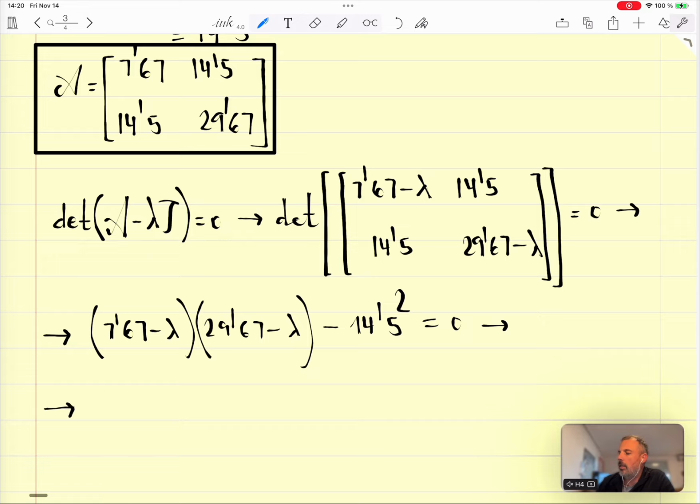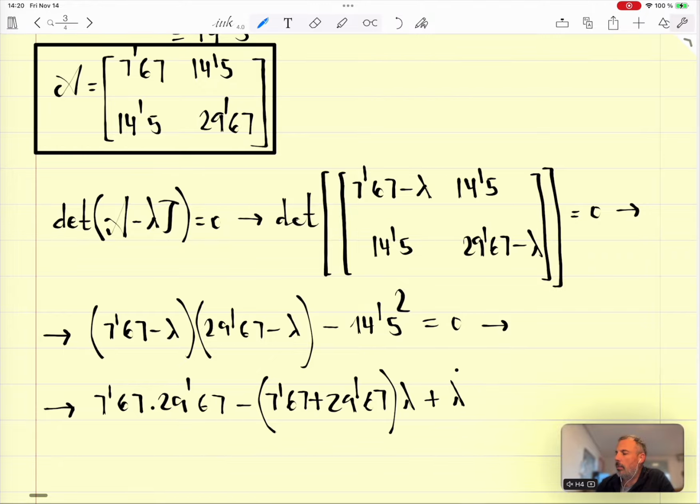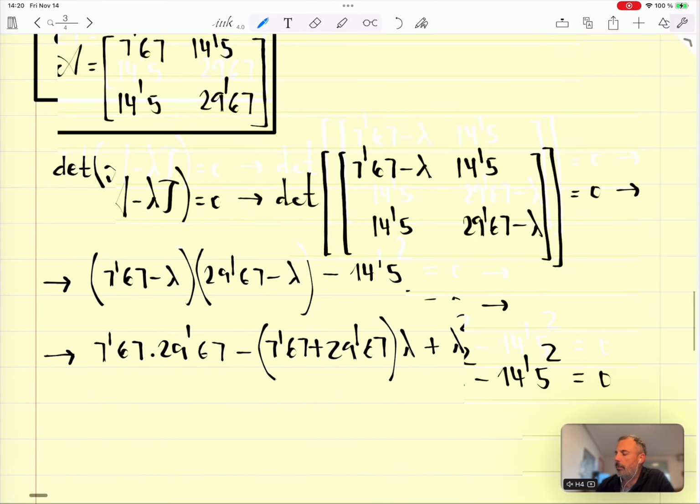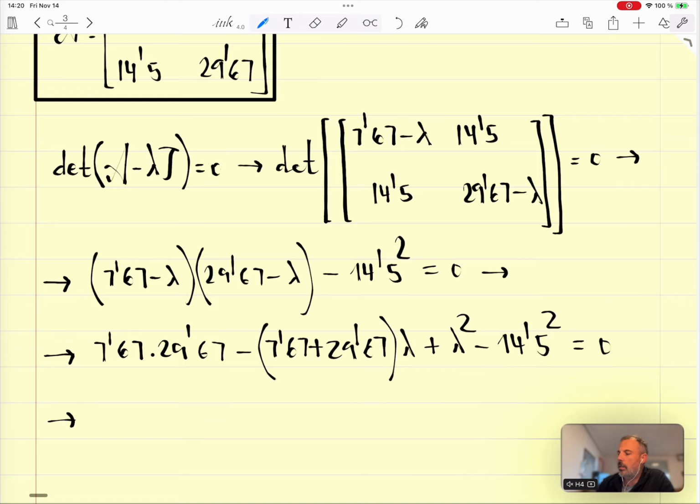And this is 7.67 times 29.67 minus (7.67 plus 29.67) times lambda plus lambda squared minus 14.5 squared equals 0. Okay, this is then lambda squared minus 37.34 lambda plus 17.32 equals 0.